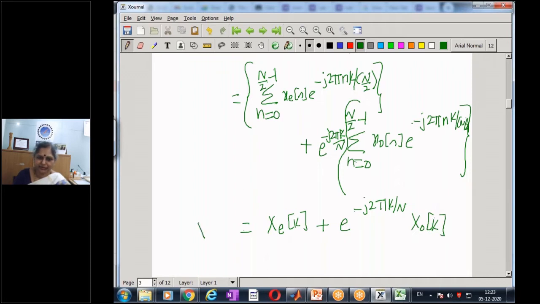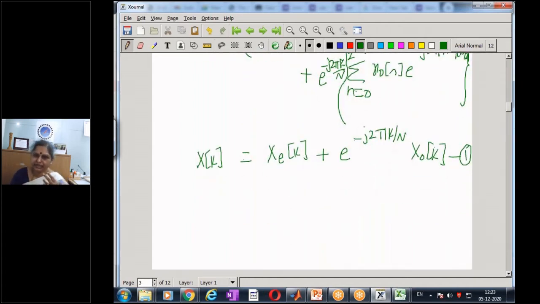That's it. This is my important result, wherein I am converting an N-point DFT into a suitable summation of two N by 2 point DFTs.